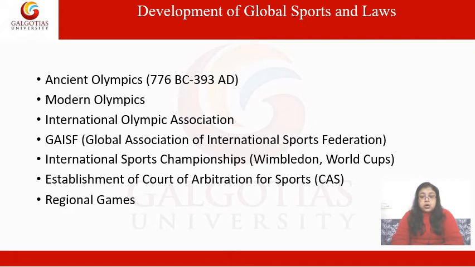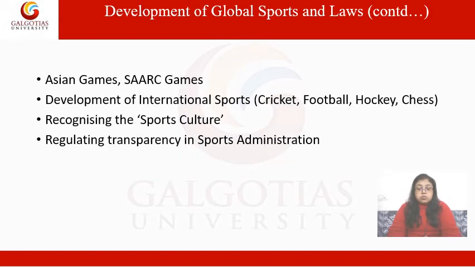Then we have the concept of regional games, like the Asian Games and SAARC Games and Australian Open Tennis and things like that. Then the development of international sports like cricket, football, hockey, chess. These are some of the sports which are age old and have traveled a lot of ups and downs and have come up to the present structure, and are considered basic sports which the entire globe plays.